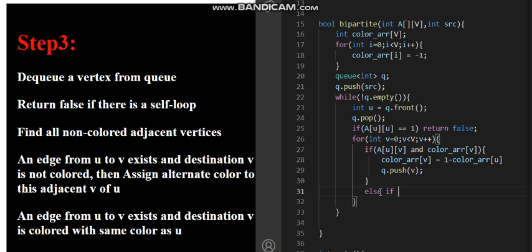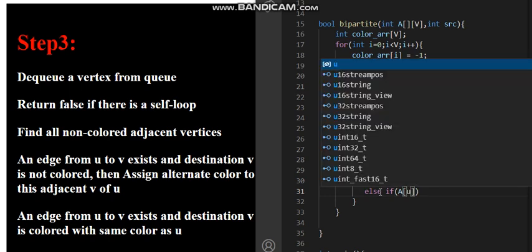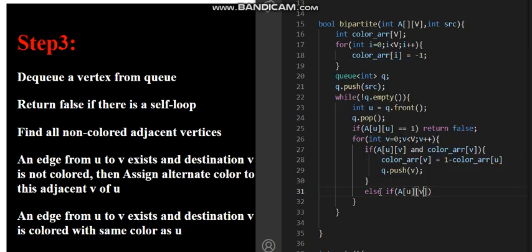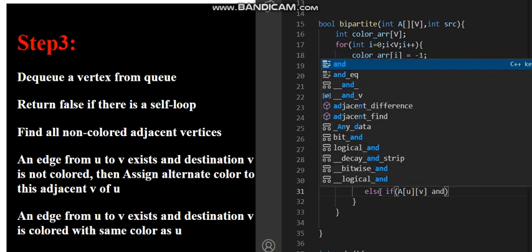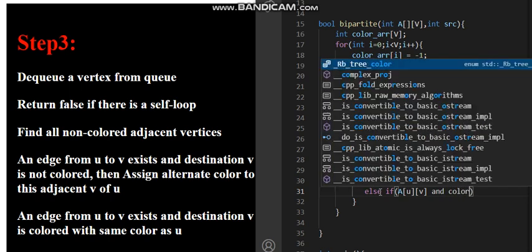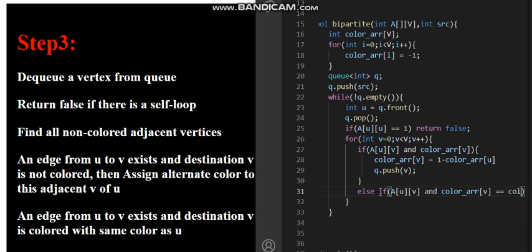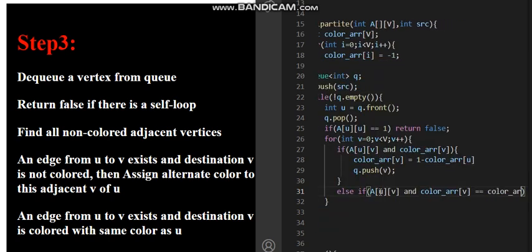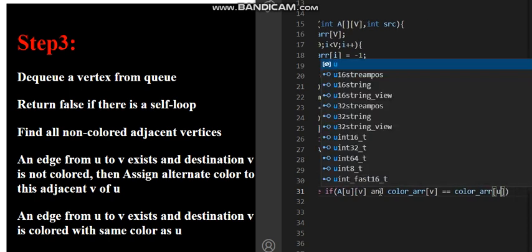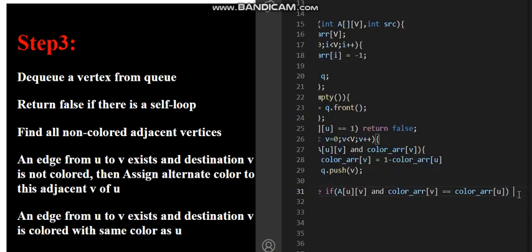So for this else, if there is an edge, you can write A of u of v, and if the color of the v index is the same as the color of the u index, then we'll return false, right?